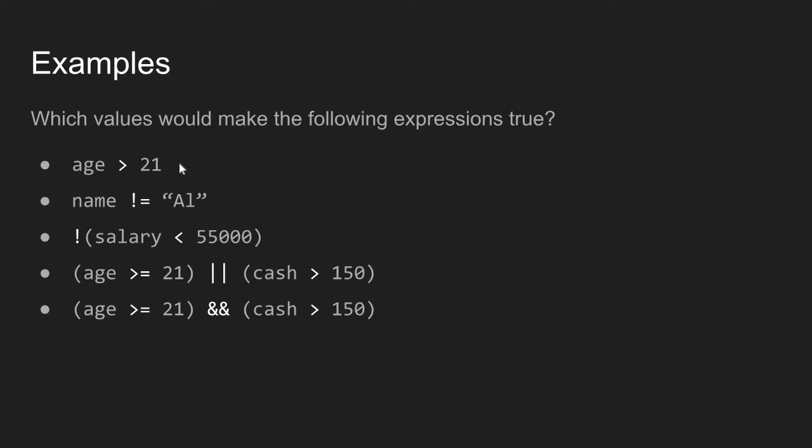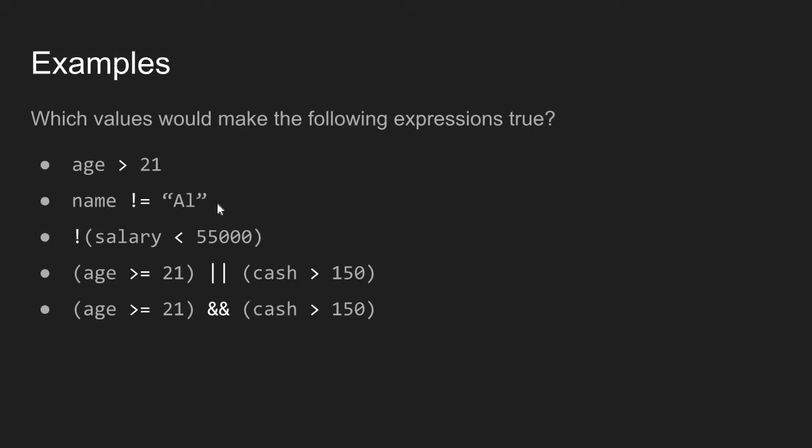Otherwise, it would be false. Now, if I had age 21 and I said 21 is greater than 21, well, 21 is not greater than 21, they are the same. If I wanted to test for greater than and equality, I would use the greater than or equal to operator.